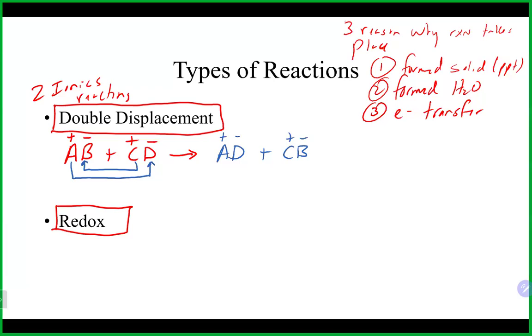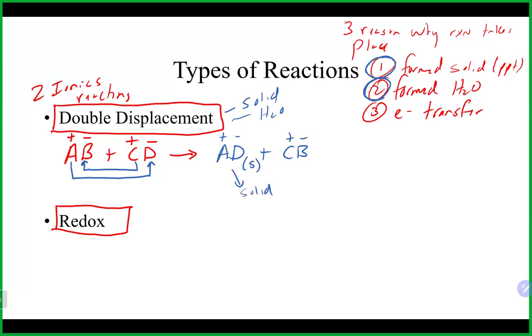Now, double displacement reactions basically account for the first and second reason why a reaction takes place, and that is either a solid being formed or water being formed. So, as a result of these ions switching partners, in some cases, one of these guys will make a solid.